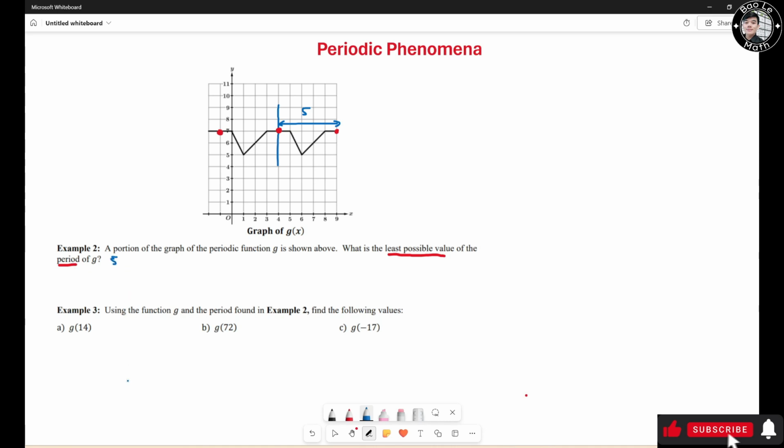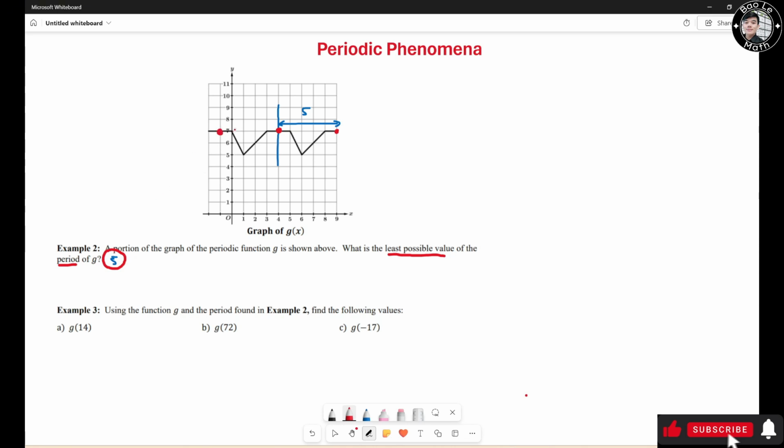Alright, now let's take a look at example number 3. Using the function g and the period found in example number 2, find the following values. Now observe that the period of the function g is 5, which means after 5 units, the function completes one cycle, which means it goes back to the original one, right? So for example, we start right here.